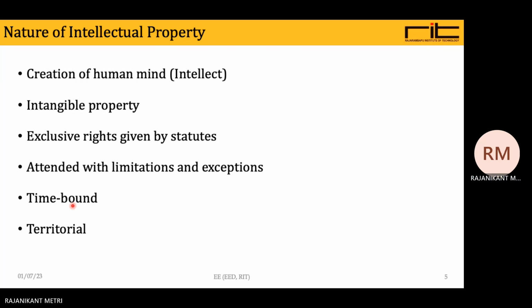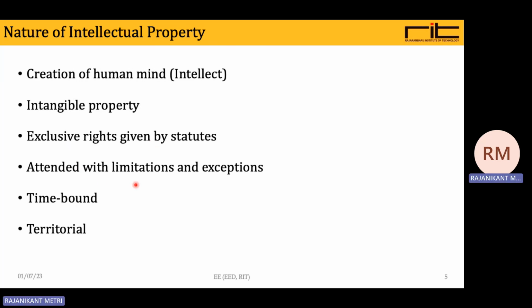Now, what is the nature of intellectual property? First is creation of human mind, that is intellect. It is created by some person or some human mind and it is an intangible property, meaning it cannot be directly related to any other thing. Then exclusive rights given by statute.